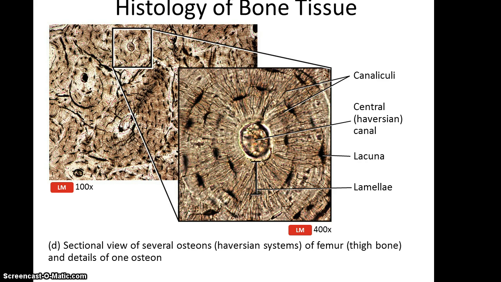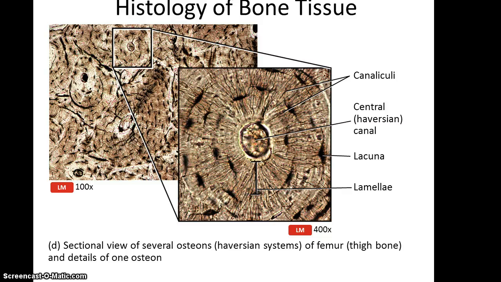So here is a picture of the tissue of a bone. You see that it has a lot of ring structures repeating throughout it, and each individual ring structure is referred to as an osteon, also known as the Haversian system. And within the osteon, you've got the central canal, which has the blood vessels and the nerves.